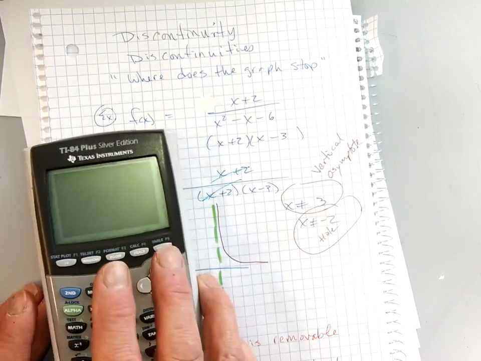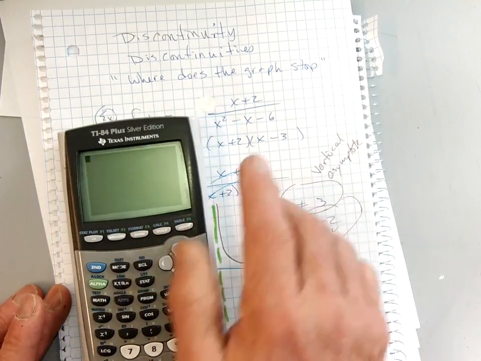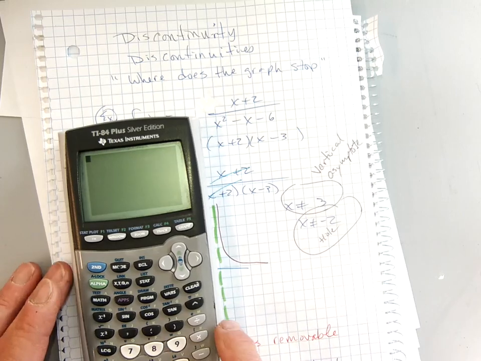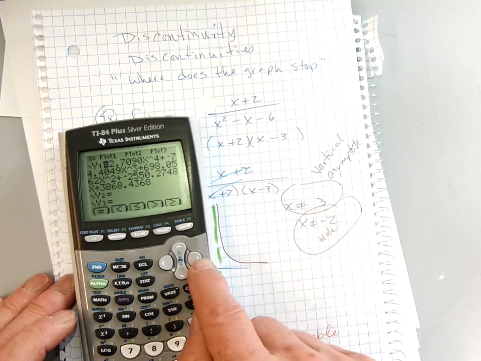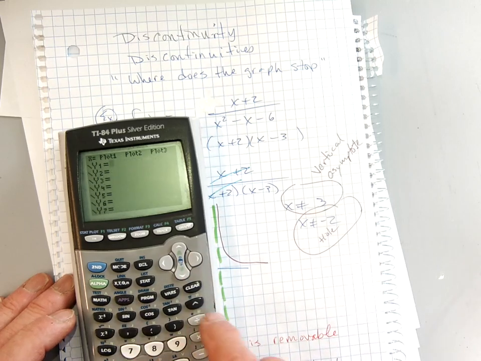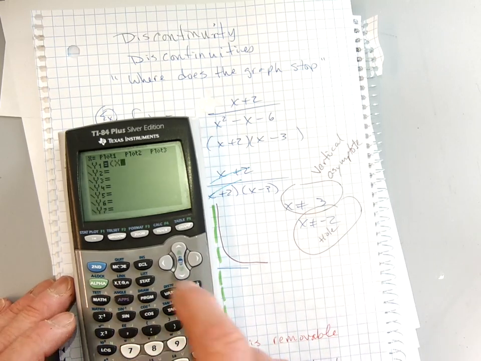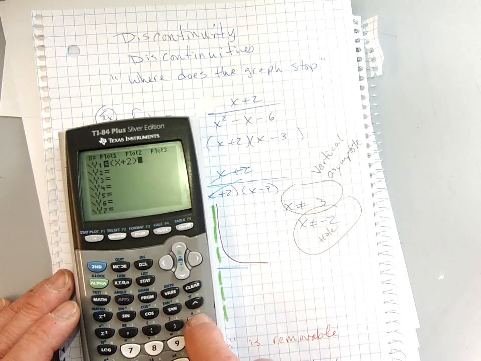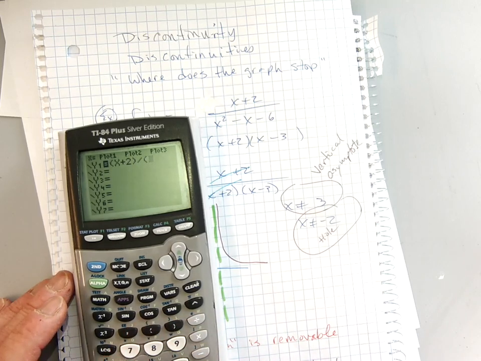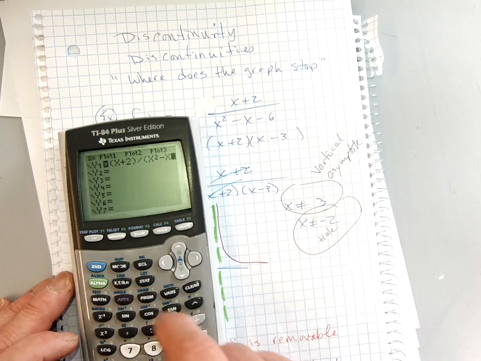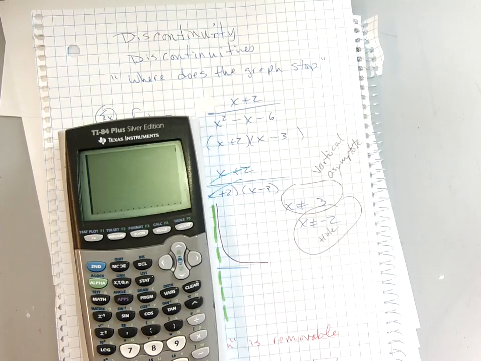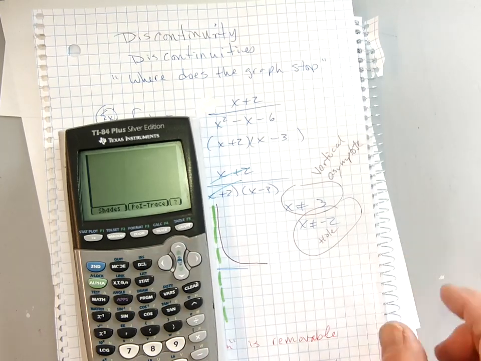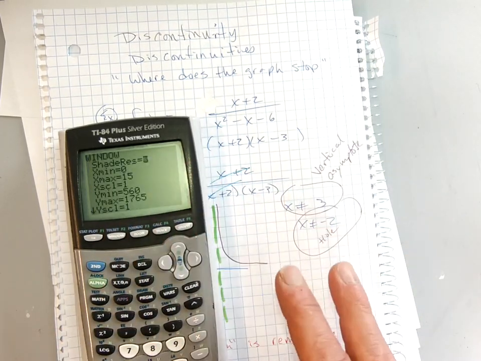I enter f of x, my y equals, parentheses, x plus 2 divided by parentheses, x squared minus x minus 6, and if I graph this, well, let me get the right window. All right, we'll fix the window so it works better.